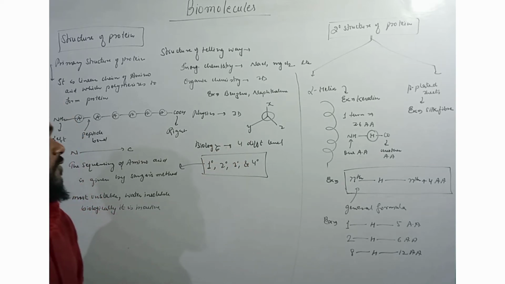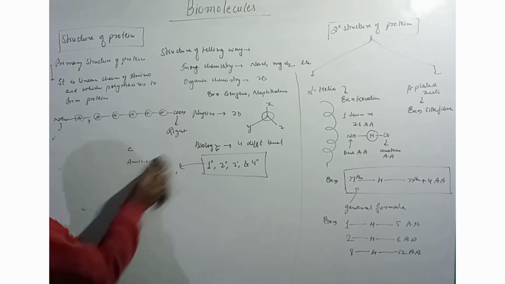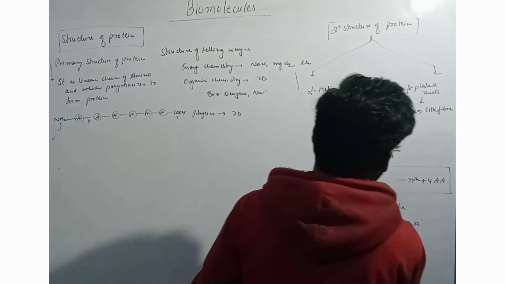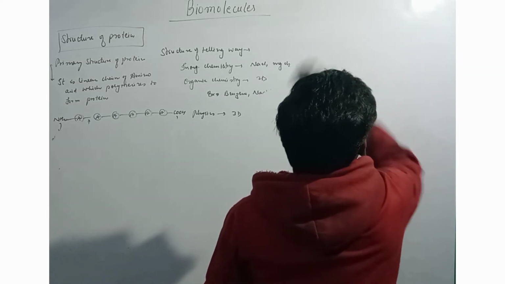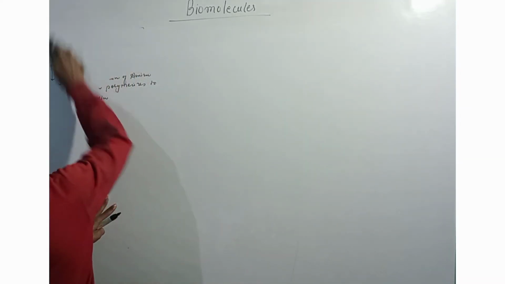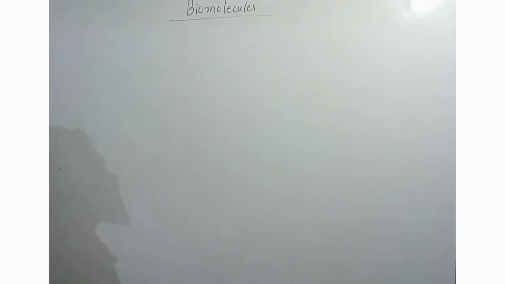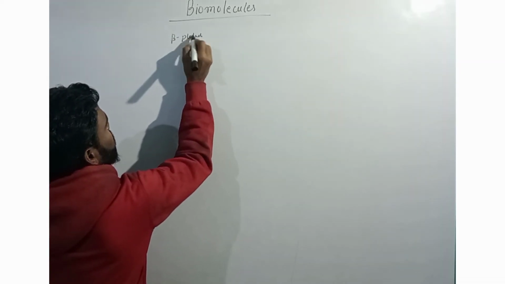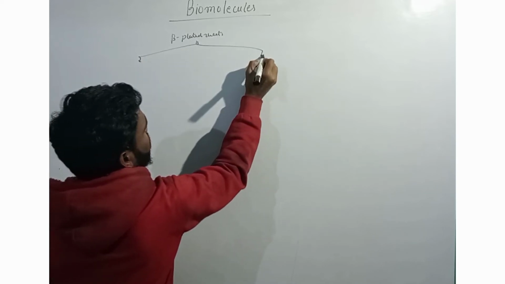Now let's proceed further to the beta pleated sheets. Beta pleated sheets are also divided into two categories.